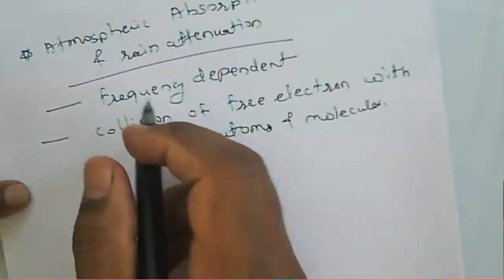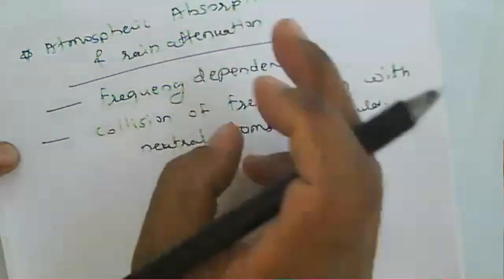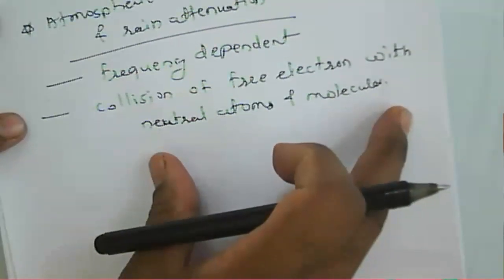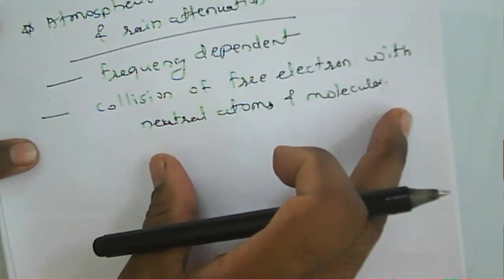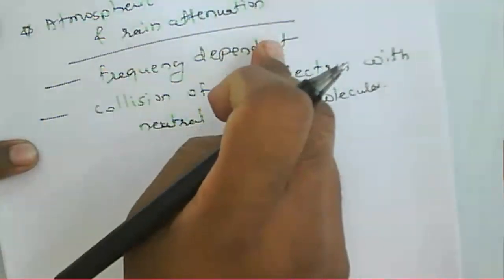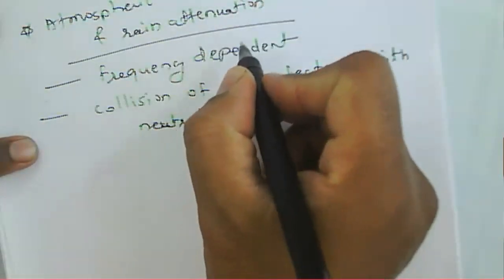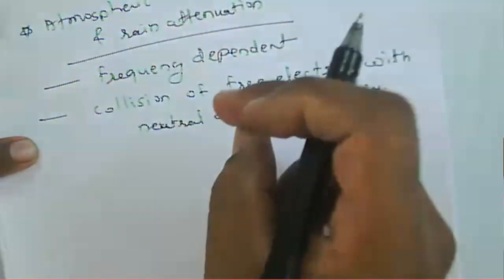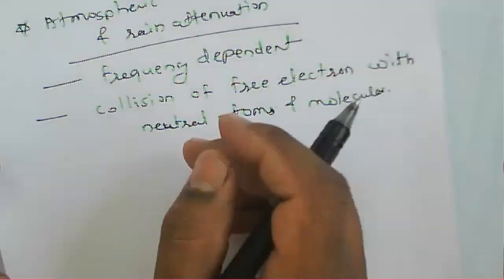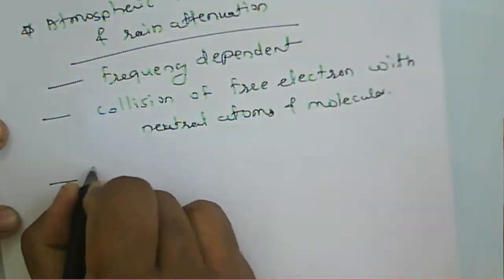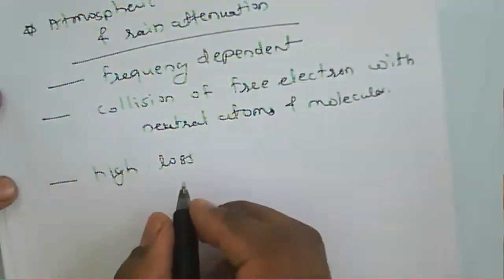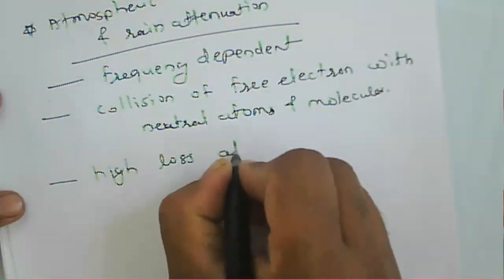The wave propagating through space gets attenuated because of the collision of free electrons with neutral atoms and molecules, and that attenuation occurs based on the frequency. The interaction of free electrons occurs at some particular frequencies, and at those frequencies there will be a loss, and that loss will be high at a particular frequency.